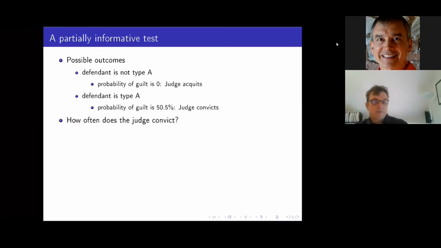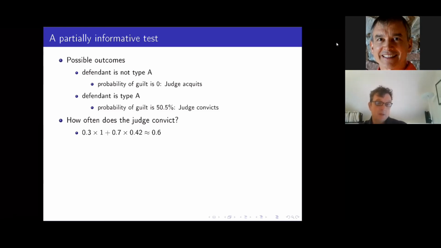Now you can ask yourself, how often does the judge convict? That is easy again to compute by the probability. Notice here that if the defendant is guilty, which is the first event, which is happening with probability 0.3, then of course he has blood type A, and therefore the probability is 1.